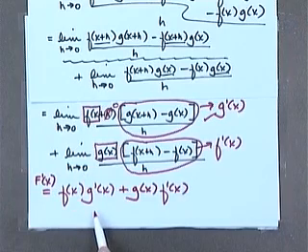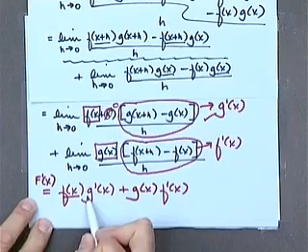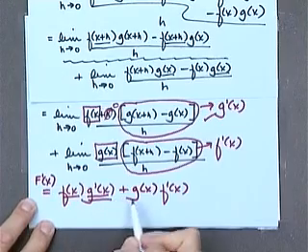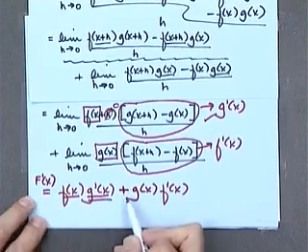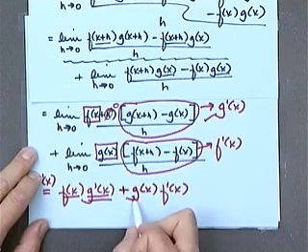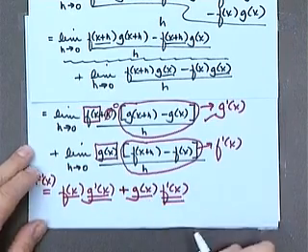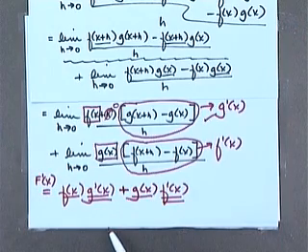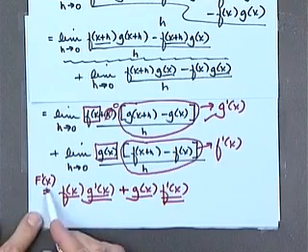Does that look familiar? If you've seen the product rule before, take the first function times the derivative of the second plus, which means you can commute this order, doesn't matter. Addition is commutative. Second function times derivative of first. So if that's the first time you've seen the product rule, or even if you've seen it before and it's been a while, make sure you have that jotted down.